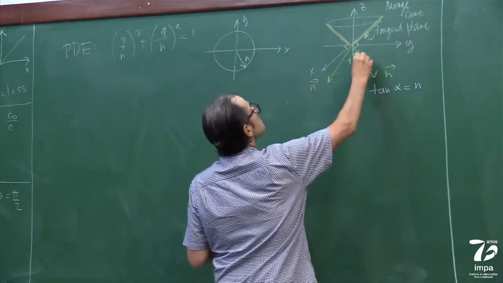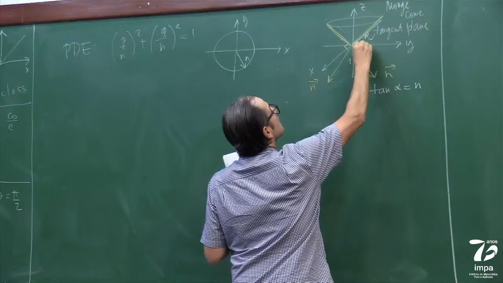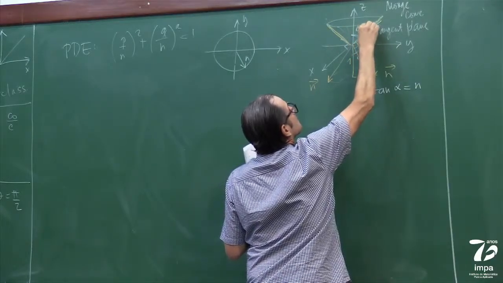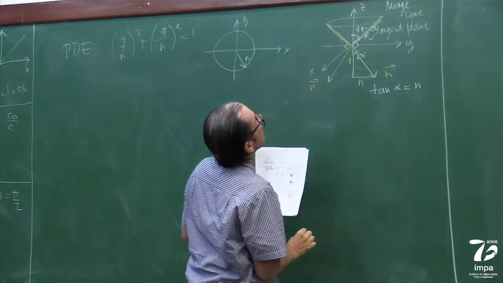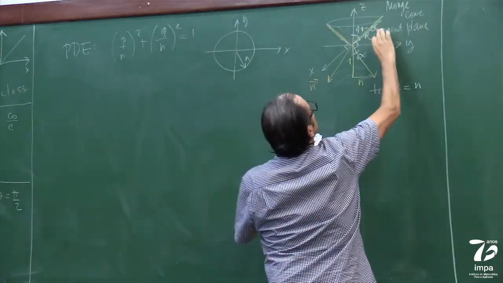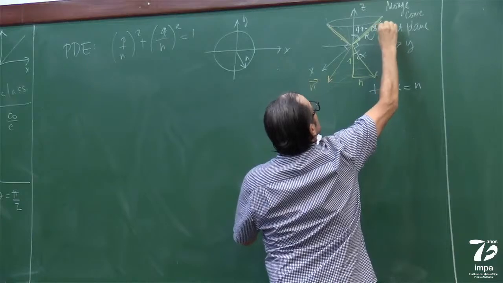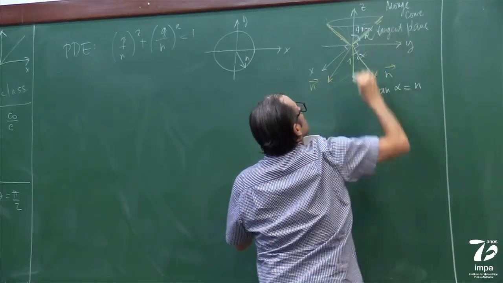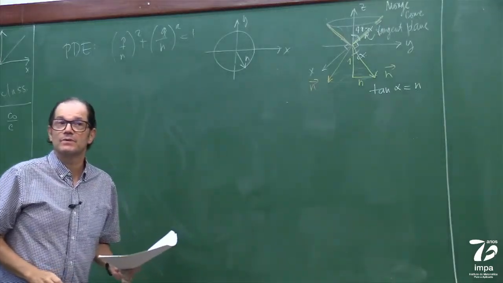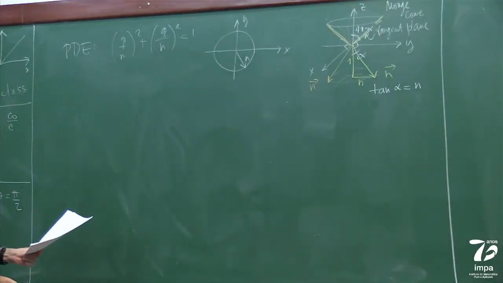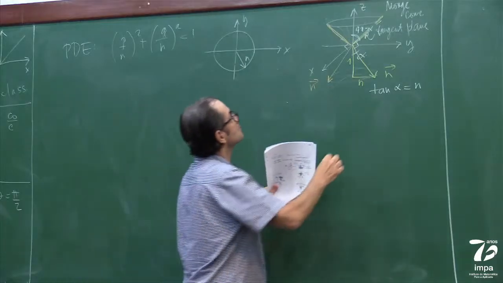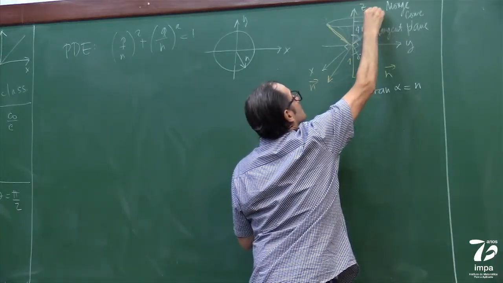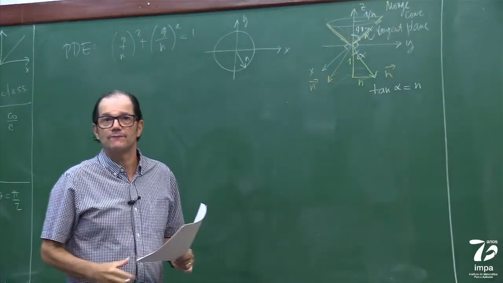If this is alpha, then this is 90 minus alpha. And therefore, you can see that if this is 1, this is 1 over n.